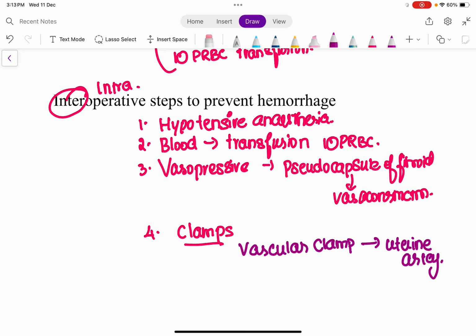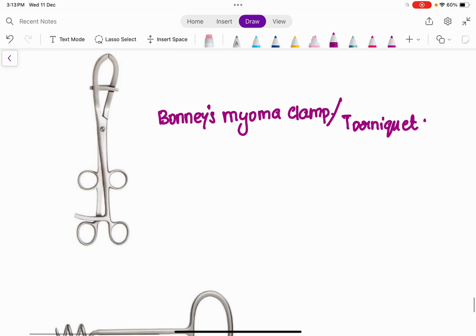And you can also clamp the uterine artery, which is the major blood supply to the fibroid, with the help of this Bonney's myoma clamp, or with the help of a tourniquet.